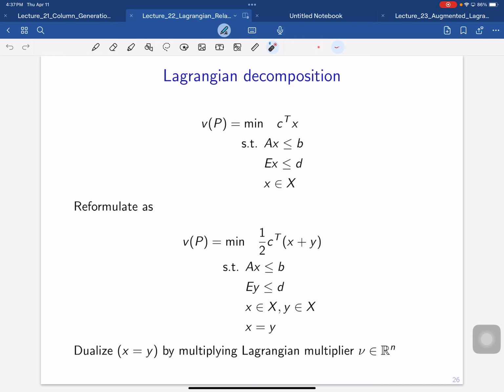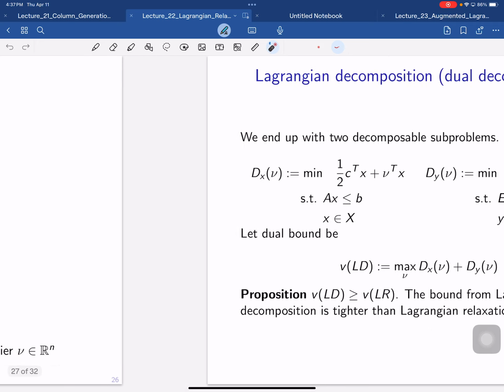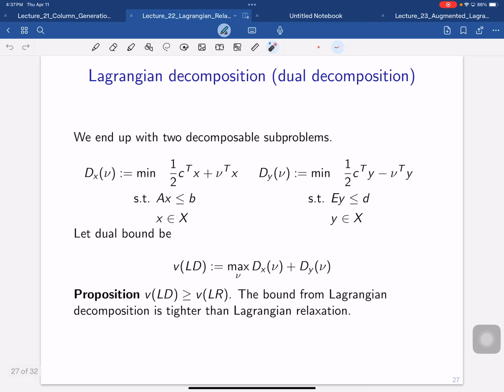It is very trivial, it's x equals y. But then instead of dualizing this constraint Ax less than or equal to b, we dualize x equals y, right? That's the main difference of these two problems. Okay, so now we are wondering whether Lagrangian decomposition gives you a tighter bound than the Lagrangian relaxation? Actually, this is true. We will show that in a second.